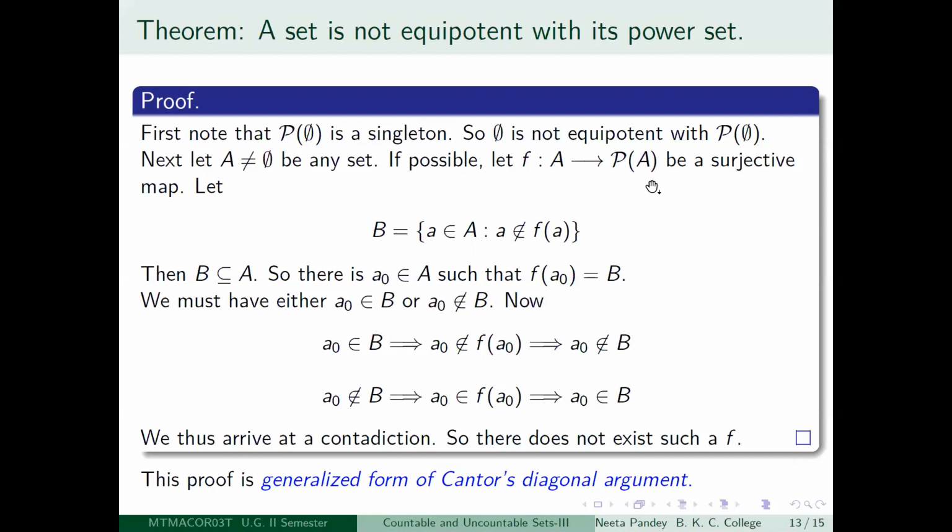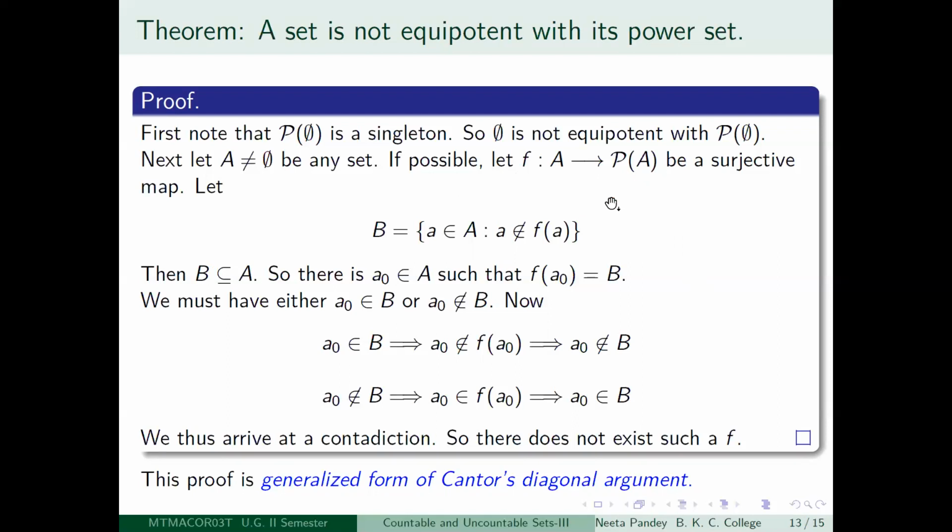We say that suppose, if possible, there is a surjective mapping, and we'll show that this is a contradiction. So there is no question of getting a surjective mapping from A to PA, and so no question of getting a bijective mapping from A to PA. That is what we are trying to show, and the argument which we give was given by Cantor, and it is called the generalized form of Cantor's diagonal argument.